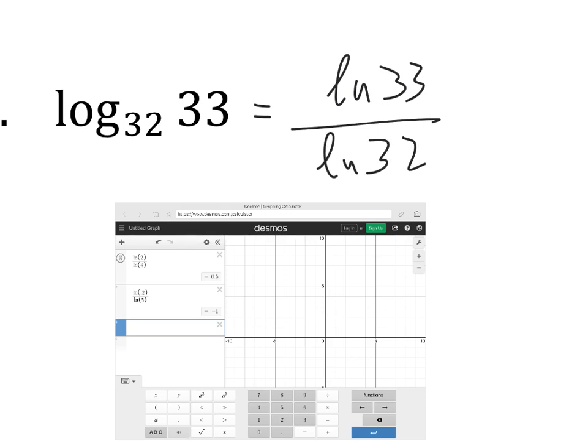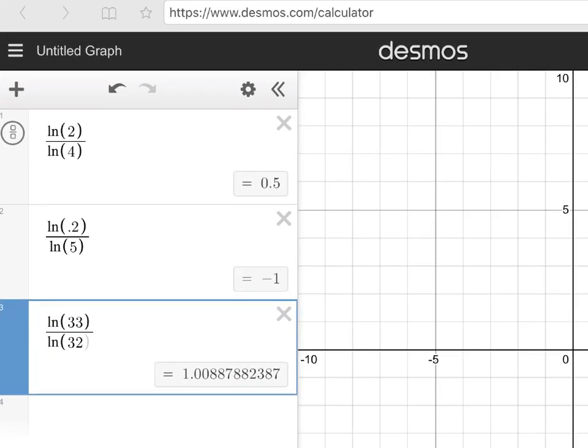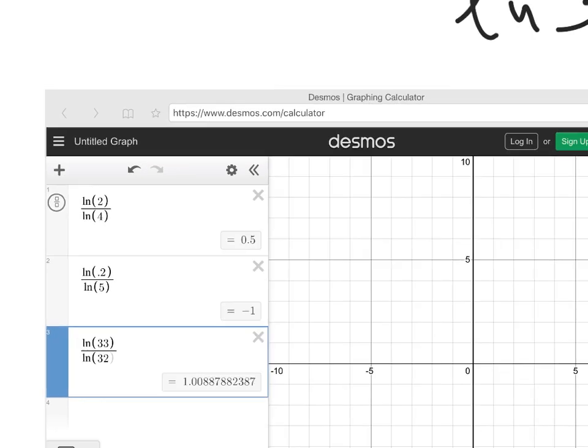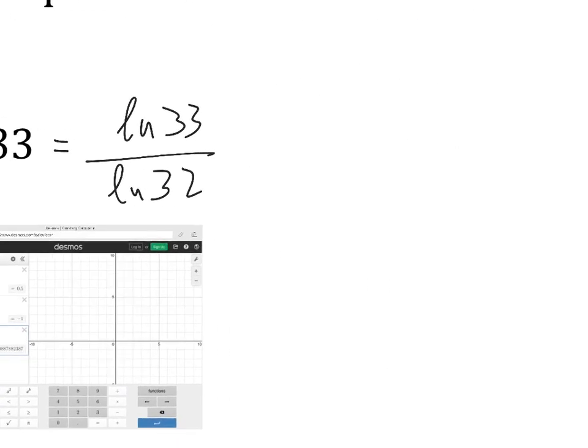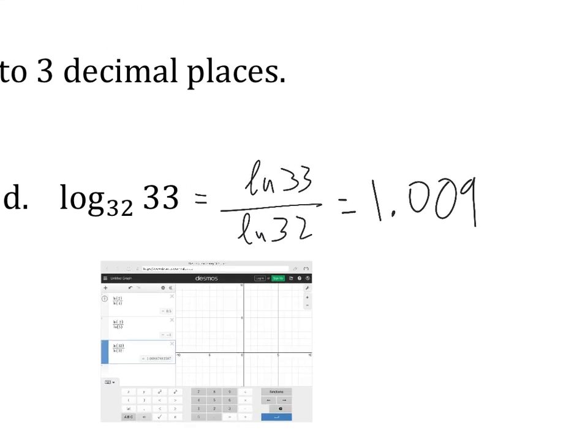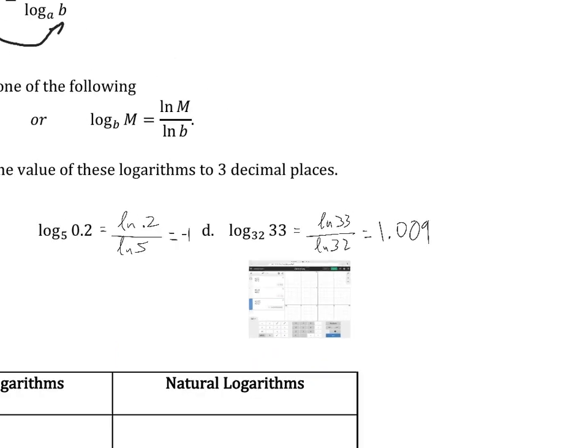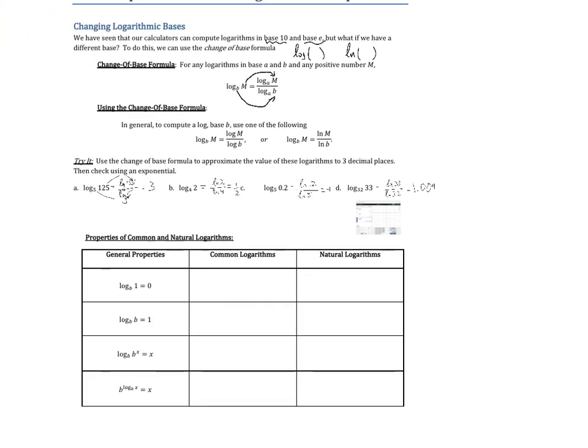So we're going to go natural log of 33 divided by the natural log of 32. And we get 1.0088, or 1.009 would be good enough. Which makes sense because the power on 32 to make it 33 needs to be a little bit bigger than 1, because 32 to the first power is 32. Okay, so that's how the change of base works.